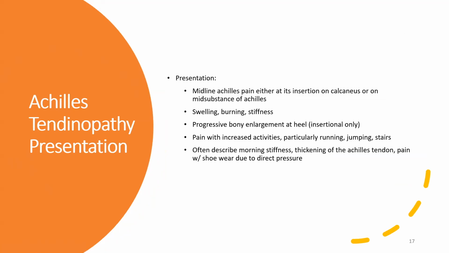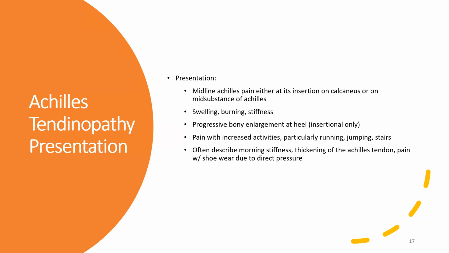So patients with Achilles tendinopathy typically present with pain directly over the Achilles tendon, either at its insertion on the heel bone or at the mid-substance, just higher up on the Achilles. They typically present with swelling, burning, and stiffness. You'll notice in the insertional type, where they have tendonitis at the heel, progressive bony enlargement right at the heel.